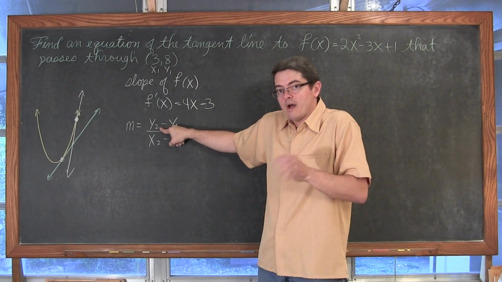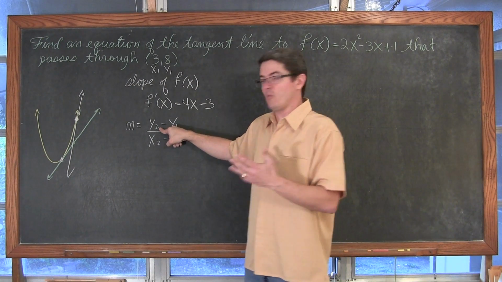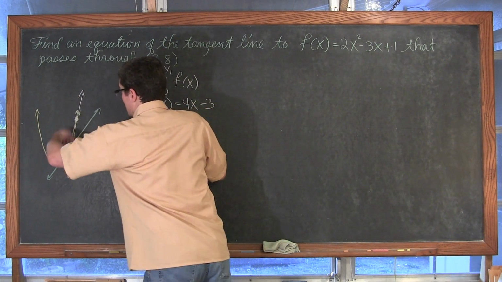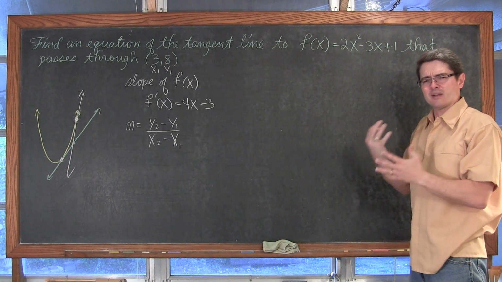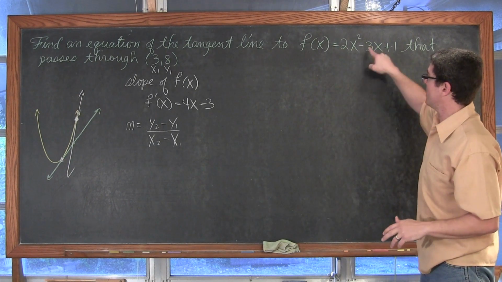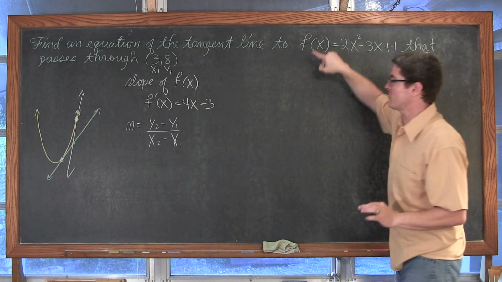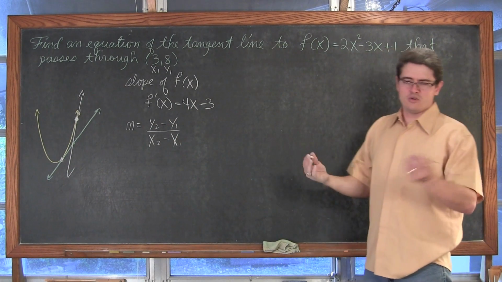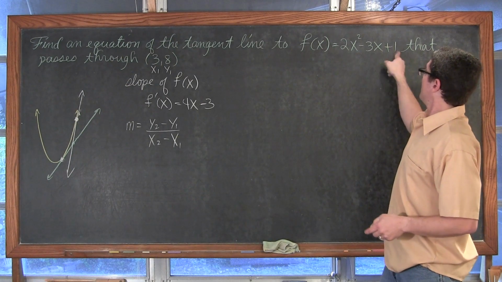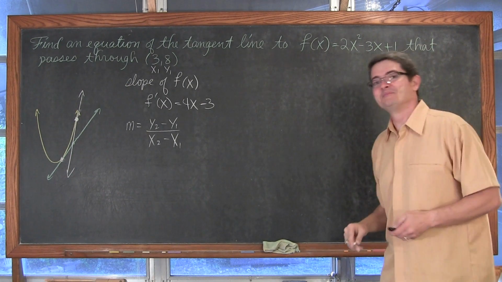So how do we find the y? Where is that going to come from? Well, it's a y coordinate that's on this parabola. And how do you find y values? Like graphing with t-tables, you plugged in an x and found a y. So I'm going to rewrite this, replacing y sub 2 with f of x, with this function. Okay?